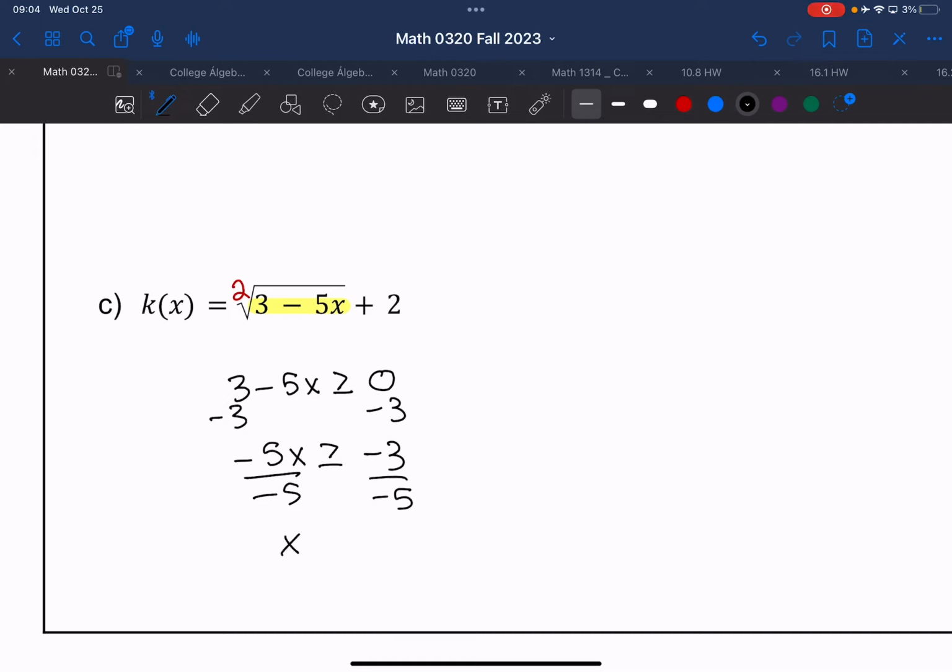Does that change the inequality? Yes, so it's going to flip in the opposite direction, and we get x is less than or equal to 3/5. So that means the only numbers that would work for x would be any number that is less than or equal to 3/5. Those numbers would be 0 or anything negative.